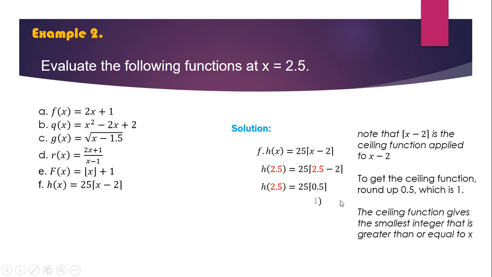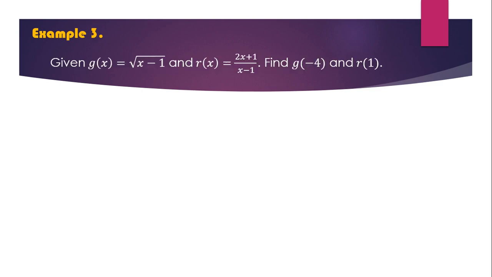Therefore, just get the ceiling function of 0.5. It becomes h of 2.5 is equal to 25 times 1. So therefore, 25 times 1 is just 25. So h of 2.5 is equal to 25. So that's it for letter F. So let's proceed to the last example.